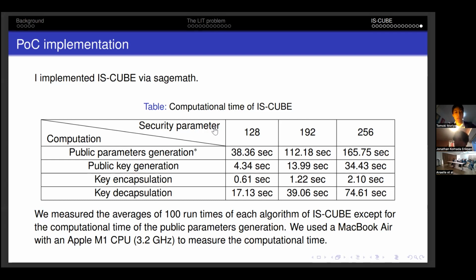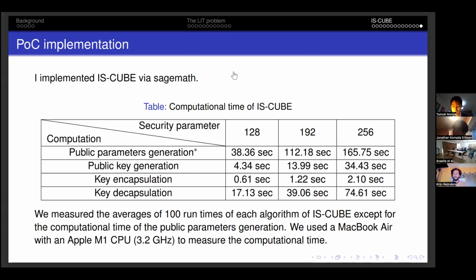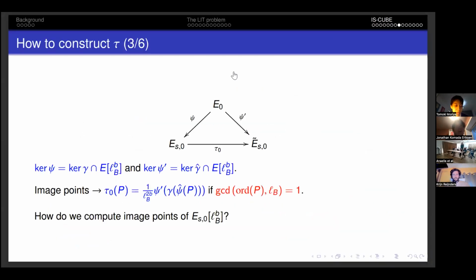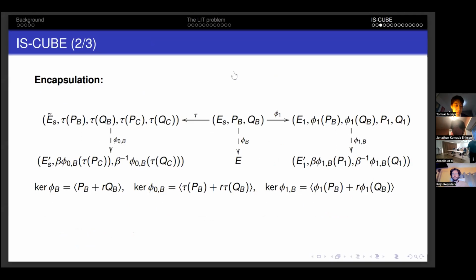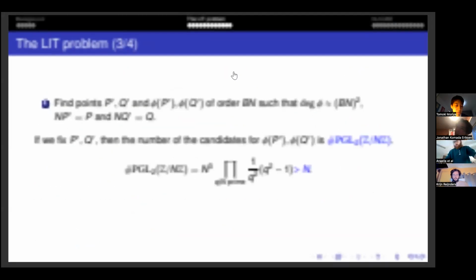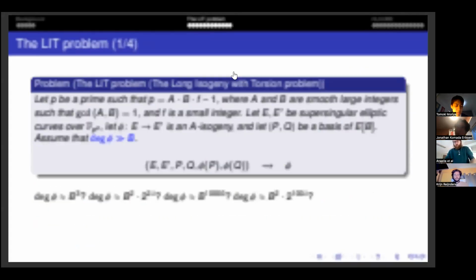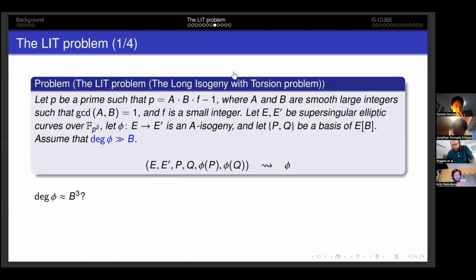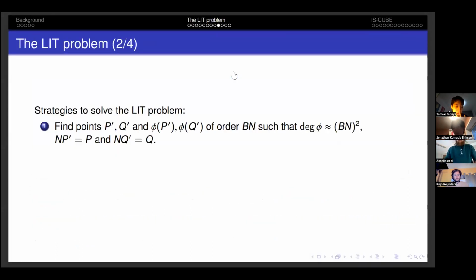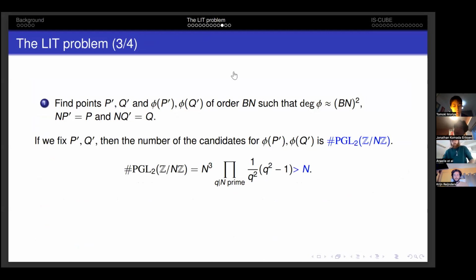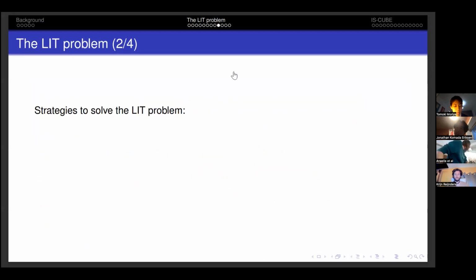While people are maybe typing, maybe I can ask a question. For the LIT problem, did you consider maybe almost an information theoretical argument that 2 to the 2 lambda should be enough, at least assuming that the torsion point information problem is hard?